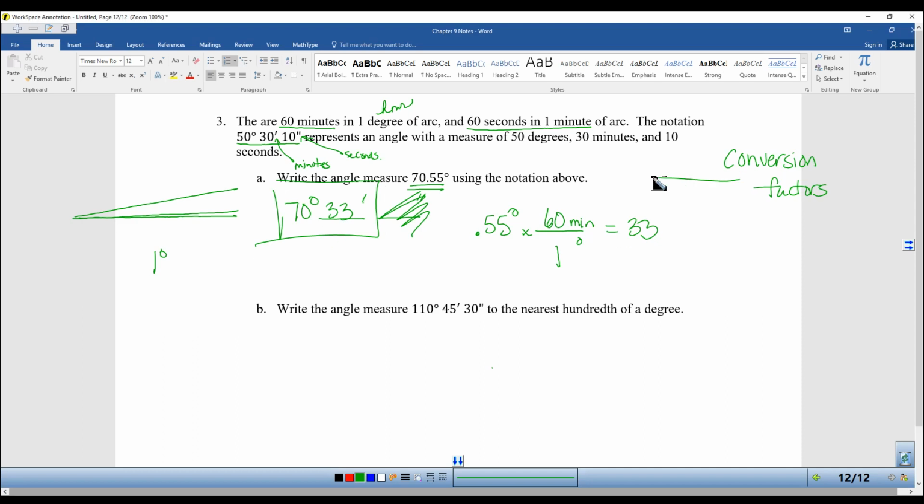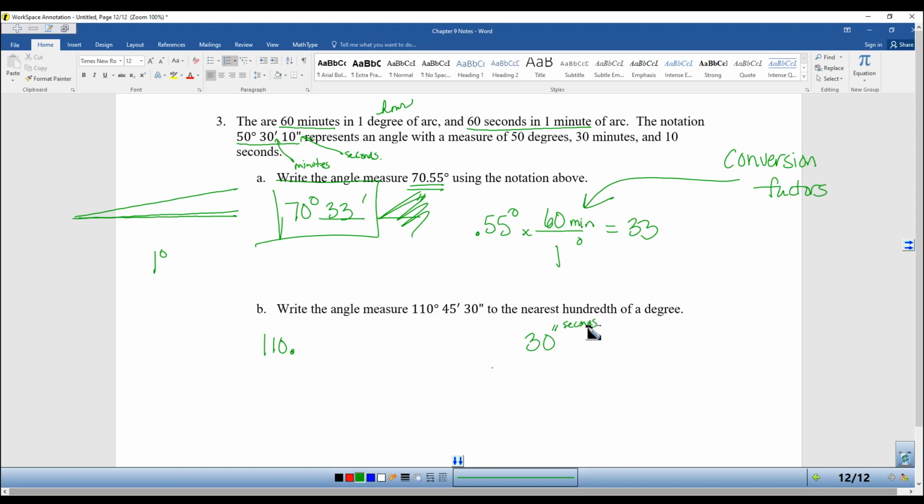So this concept of a conversion factor will really help you do a lot of different things. Now this one, I have to rewrite in decimal form. I have to change it to a decimal. So I do want you to start at the back end. It's the easiest way to do it. So I have 30 seconds.